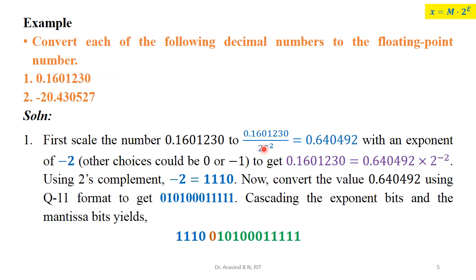We can use either 0 or -1 over here and still get the correct answer, but not exactly the same as what we have represented here, because if you put 2^-1, then obviously the mantissa is going to be a different value. Since the exponent here is -1, the representation will be different, right?